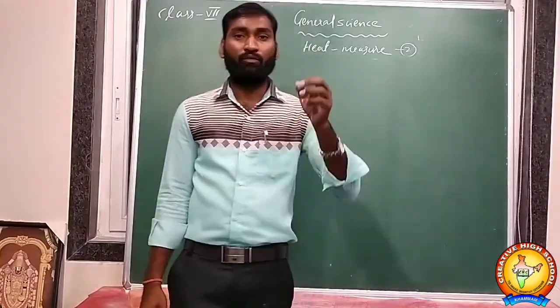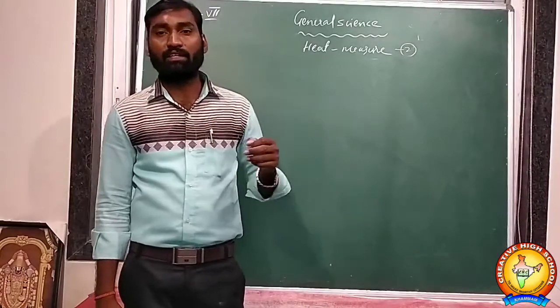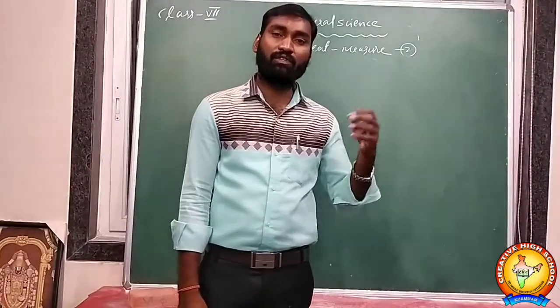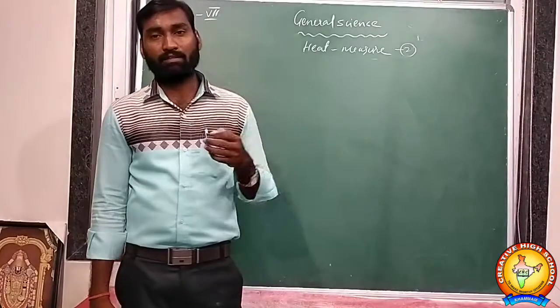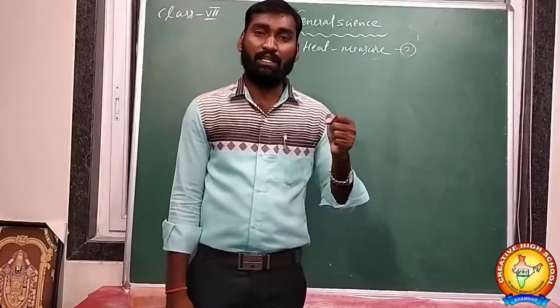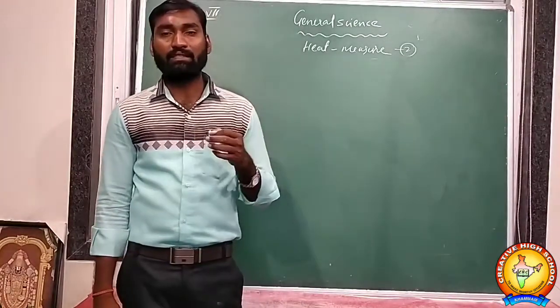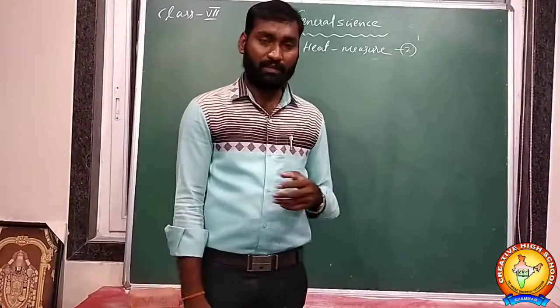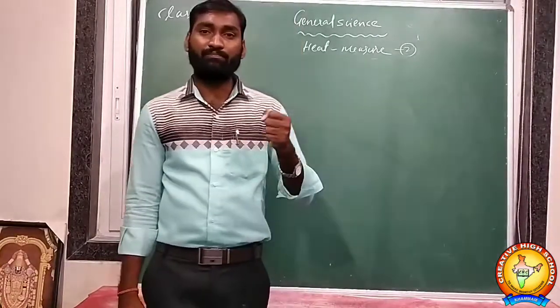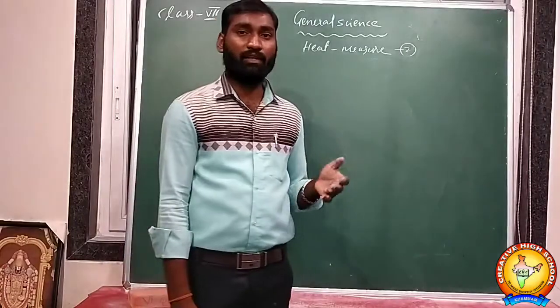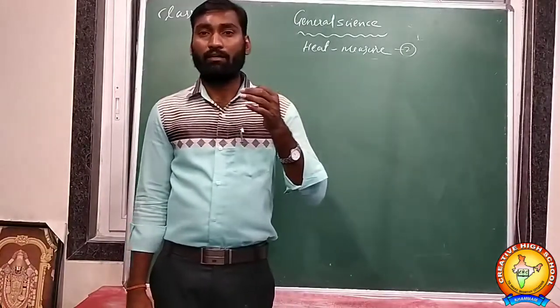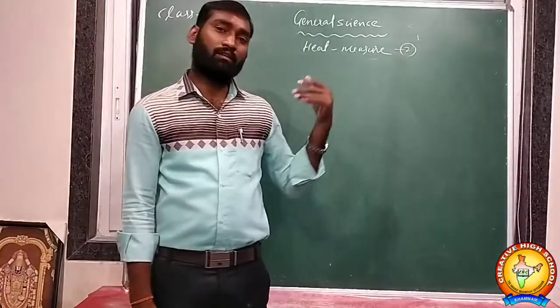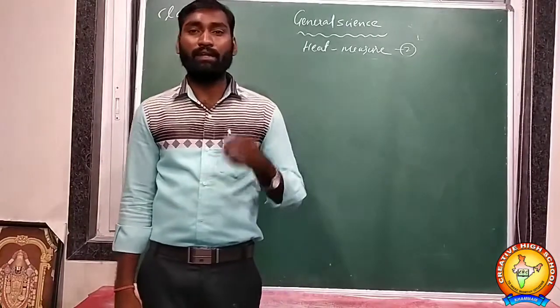At the same time we have the mercury thermometer. Initially they used mercury. Who invented the first thermometer? It was Galileo, the scientist. He invented the first thermometer, the mercury thermometer. By using a mercury thermometer, you can measure the temperature of bodies. To measure the temperature of objects in labs, you can use another thermometer called the laboratory thermometer.